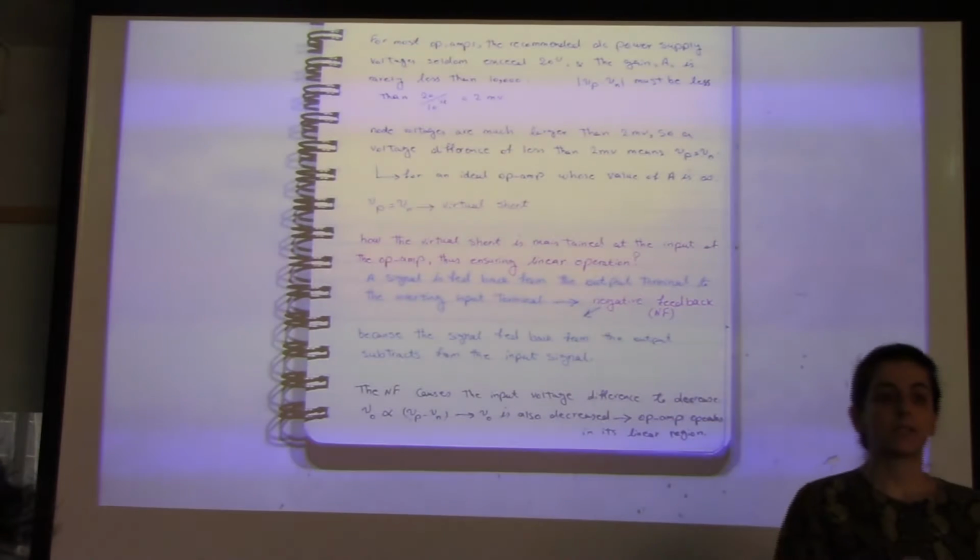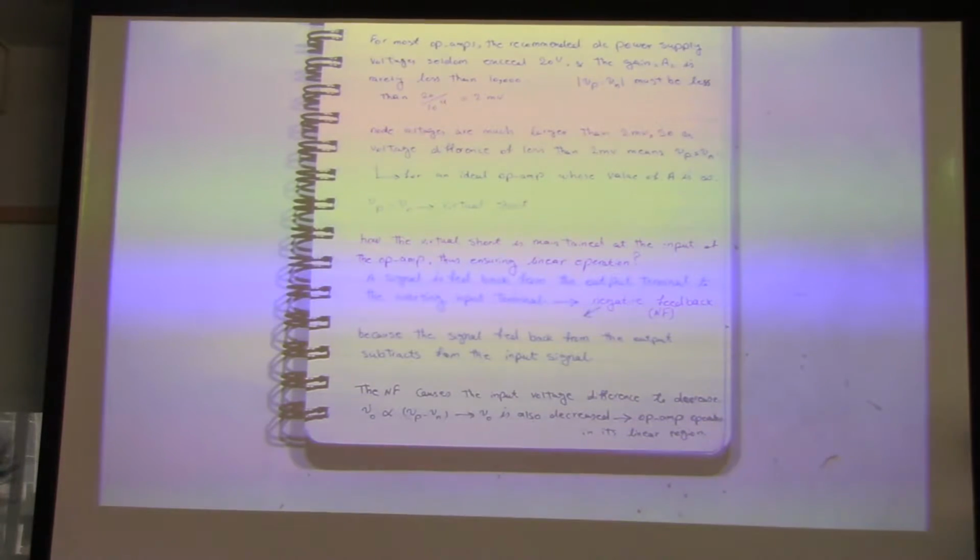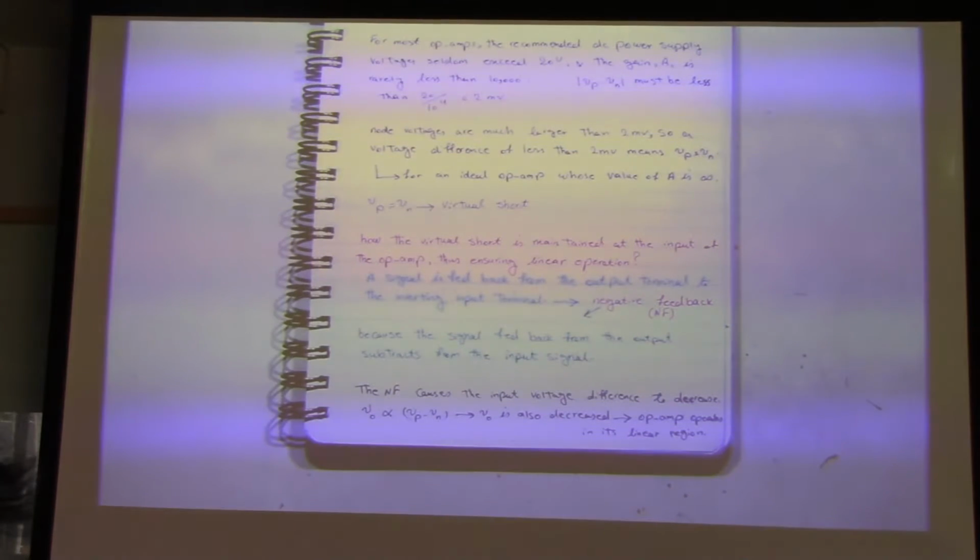And we usually use very large voltage at nodes. For example, we use 2 volts. Is that clear? You have inputs, the non-inverting terminal and the inverting terminal. We usually don't apply low voltages at nodes. For example, if we apply 2 volts, how do you compare 2 volts with 2 millivolts?